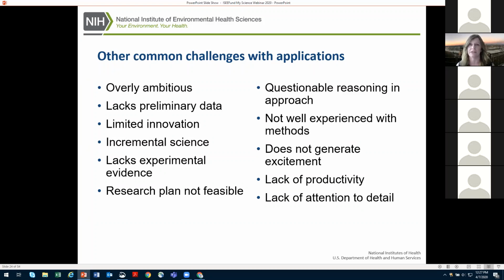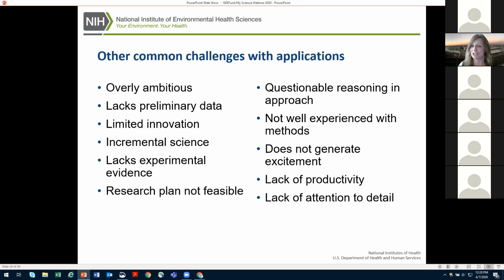And I always feel that epidemiology draws extra excitement about our science, because we're normally nested in a health outcome that most of the reviewers, even if they're a basic scientist, can relate to.